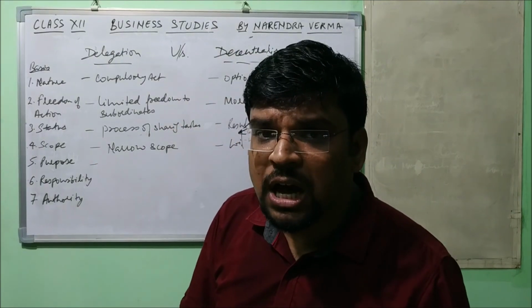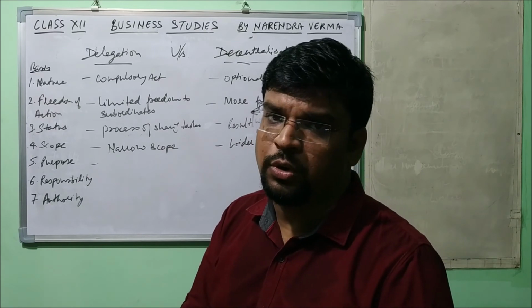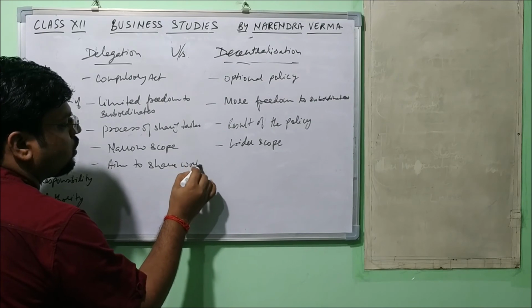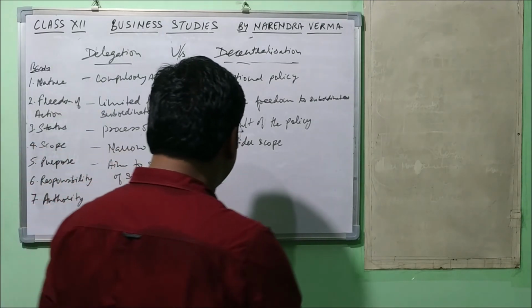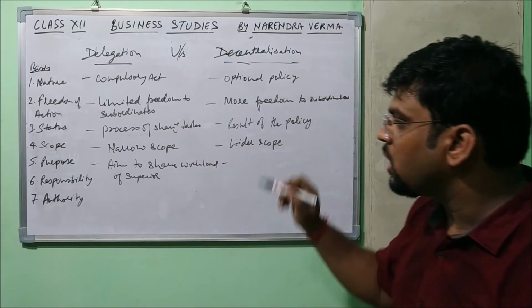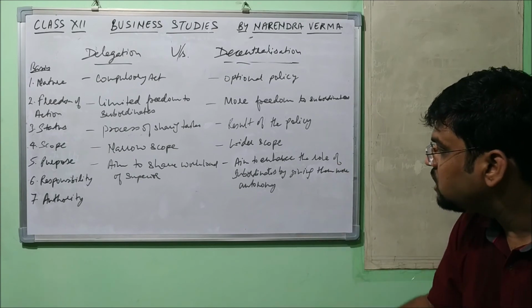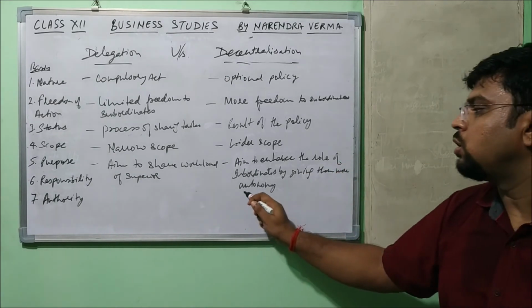Now, purpose. Why is delegation done? Just to reduce the workload, just to share the workload. Its aim is to share the workload of the superior. Understood? Be focused here. The aim of decentralization is to enhance the role of subordinates by giving them more autonomy.